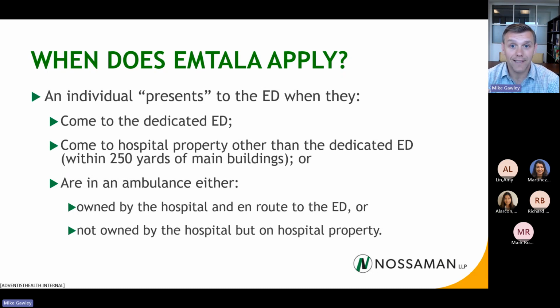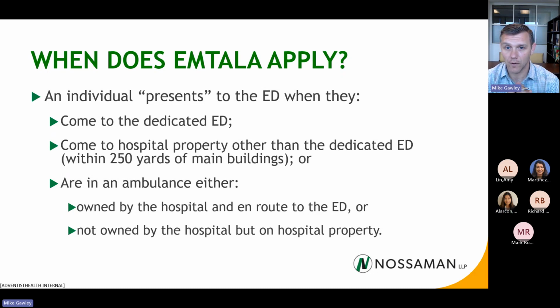There's also detailed regulations about what happens when a patient is on hospital grounds, but not actually in the emergency room. And what the regulators have done is they've said that any patient that comes to the hospital property other than the emergency room is going to be deemed as presenting to the emergency room.